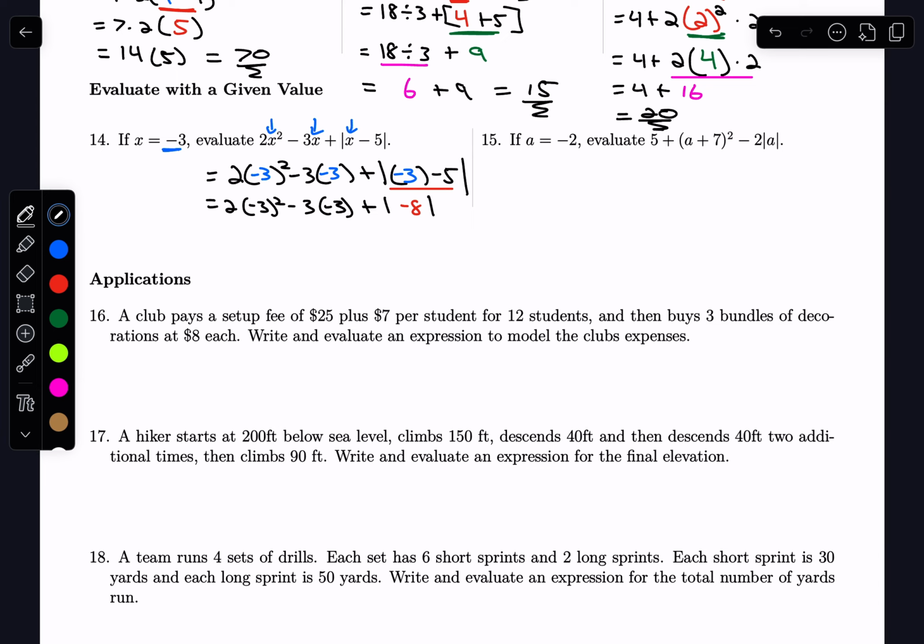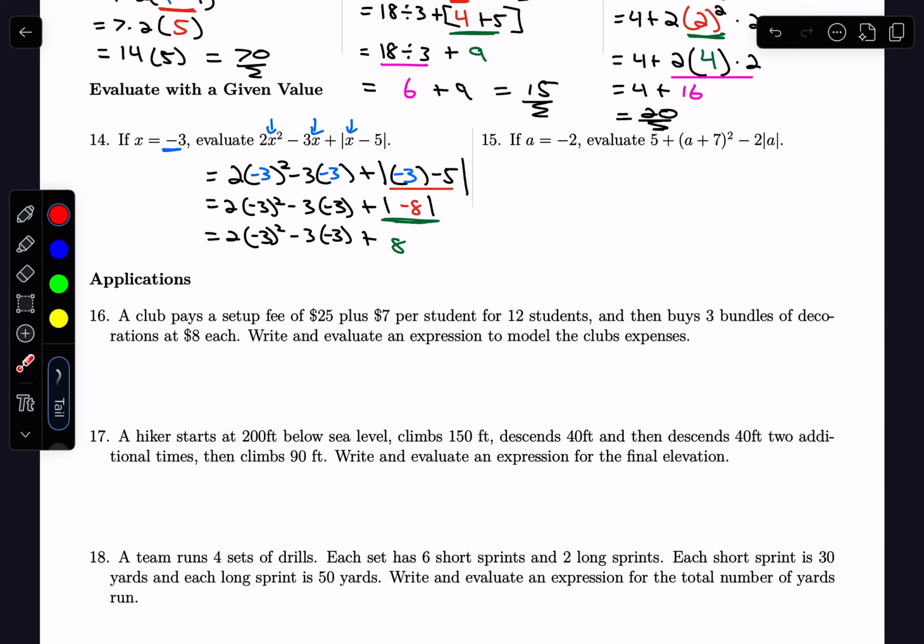Next thing is still the grouping symbol of those absolute values. So we're going to go ahead and work out the absolute value of -8 is +8. So we now have 2 times -3 squared minus 3 times -3 plus 8. Okay, now we move on. We have multiplication between the 2 and the -3, and right here between the -3 and -3.